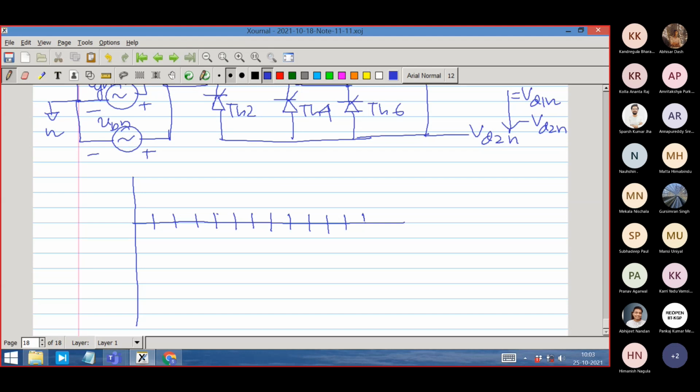So this indicates our 360 degree. 1 or 2 will extend later. Let's take this is the phase voltage, or VRN. I am drawing first.